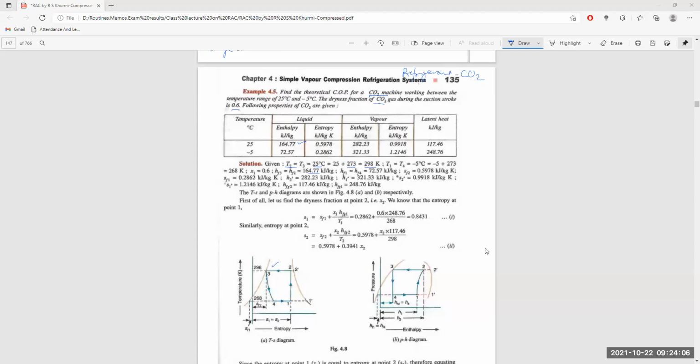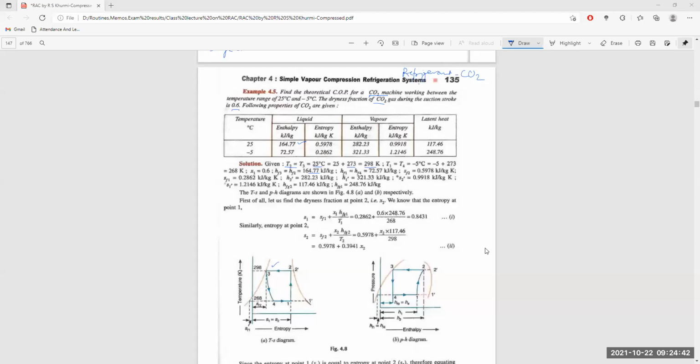So HF1 is the enthalpy of the fluid at point 1, which is equal to the enthalpy of the fluid at point 4. The enthalpy of the fluid at the same temperature will remain equal, because at 1 and at 4 it is running at the same temperature, which means the lower temperature.